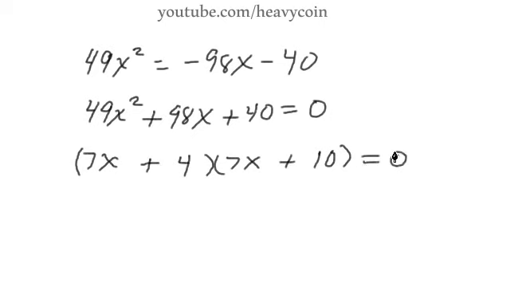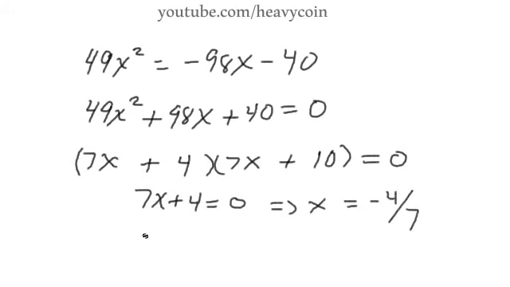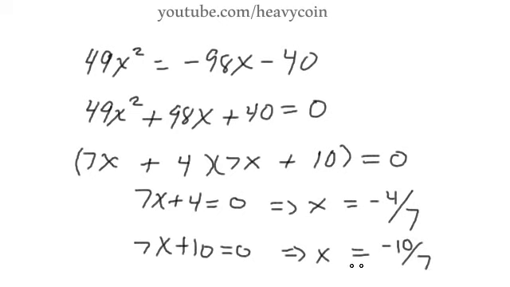We set this equal to 0, and we set both of these factors equal to 0. And therefore, x is equal to negative 4 over 7, and then I do the other one, 7x plus 10 is equal to 0, and therefore x is equal to negative 10 over 7.